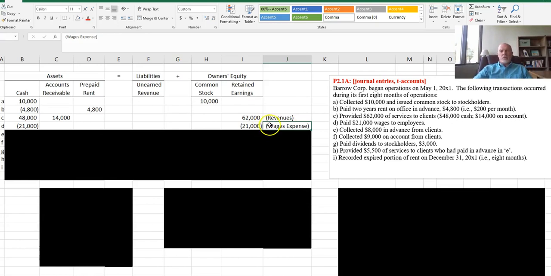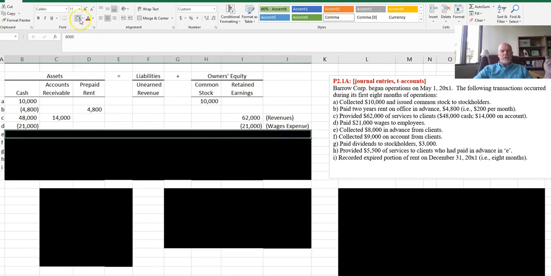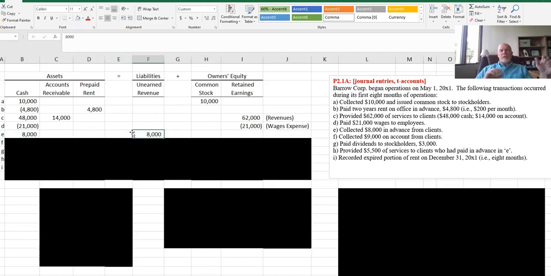And so we will subtract wages expense under retained earnings. Item E, we collected $8,000 in advance from clients. Okay, so we haven't done the work yet. We collected cash. Cash went up. But we still owe them this service. So we're going to add to unearned revenue. It's a liability. We still owe them this work.